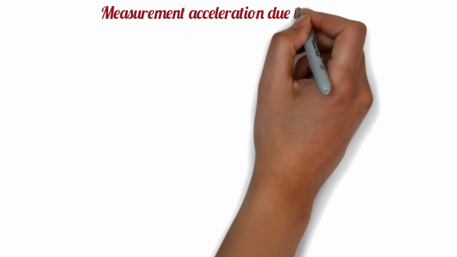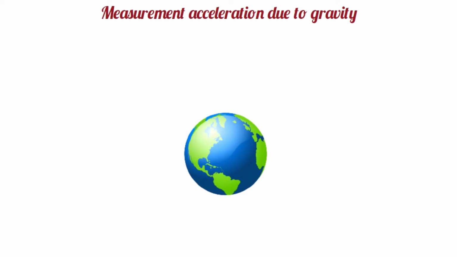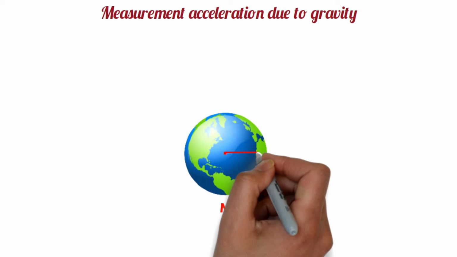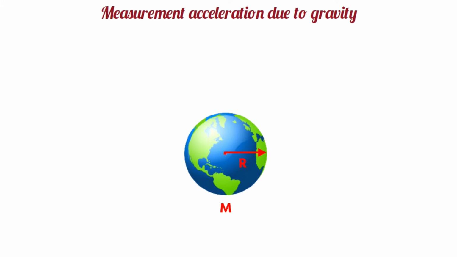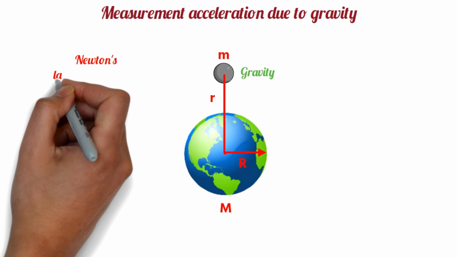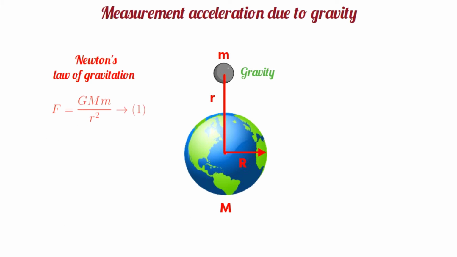Measurement of acceleration due to gravity. Let us consider, the mass of the Earth is capital M, and the radius of the Earth is capital R. If an object of mass small m falls freely at a distance of r from the center of the Earth, due to the gravitational force, or gravity, then according to Newton's law of gravitation, F is equal to GMm by r square.